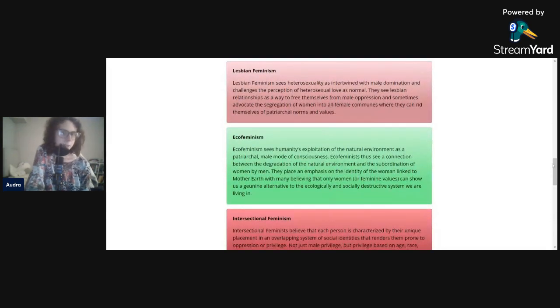Ecofeminism sees humanity's exploitation of the natural environment as a patriarchal male mode of consciousness. Ecofeminists thus see a connection between the degradation of the natural environment and subordination of women by men. They place an emphasis on the identity of the woman linked to Mother Earth, with many believing that only women or feminine values can show us a genuine alternative to the ecologically and socially destructive system we are living in.